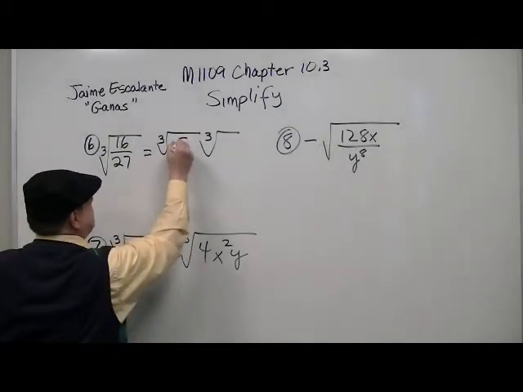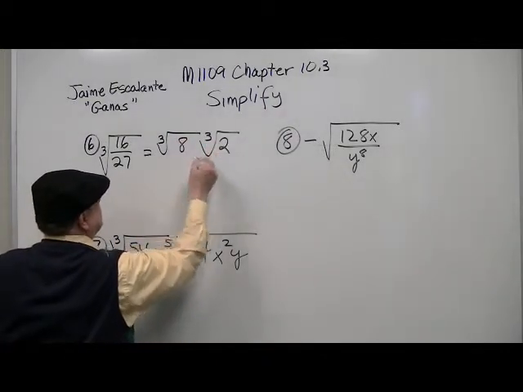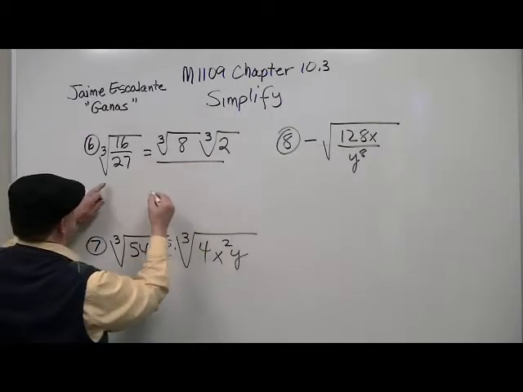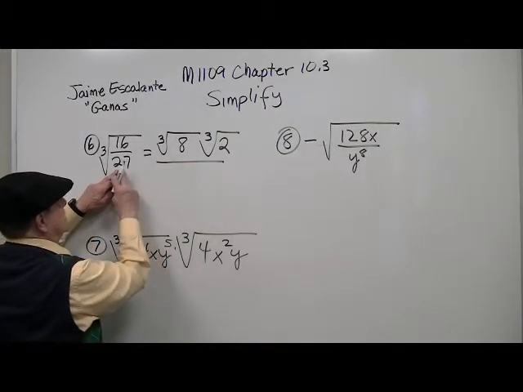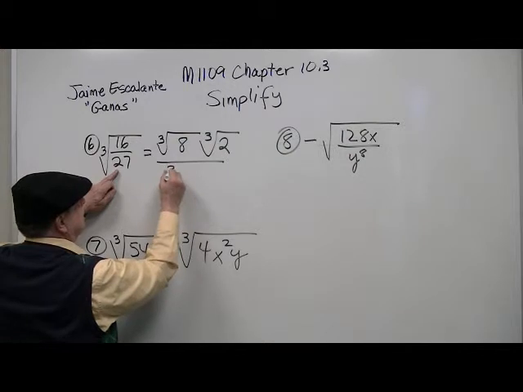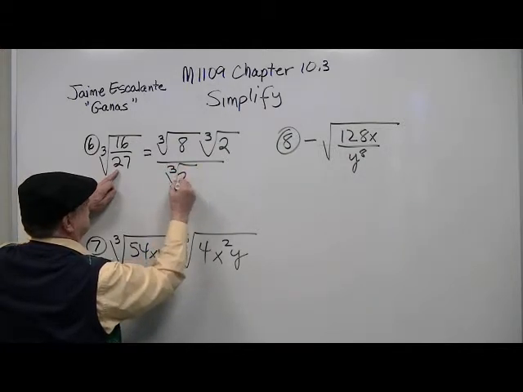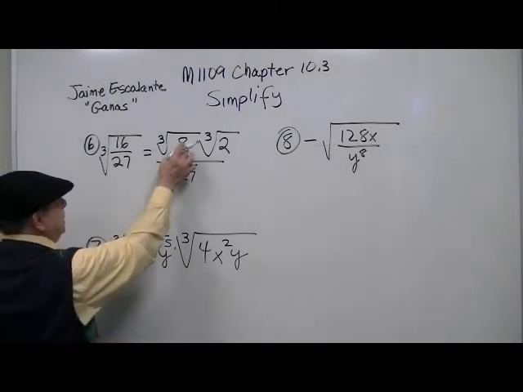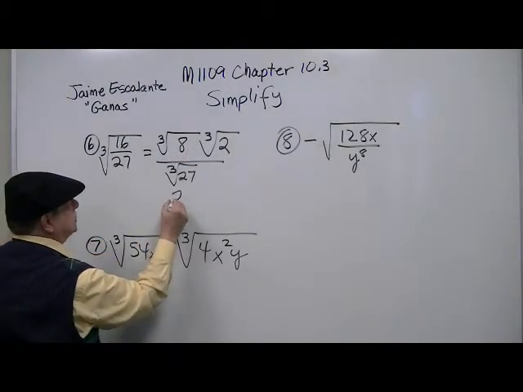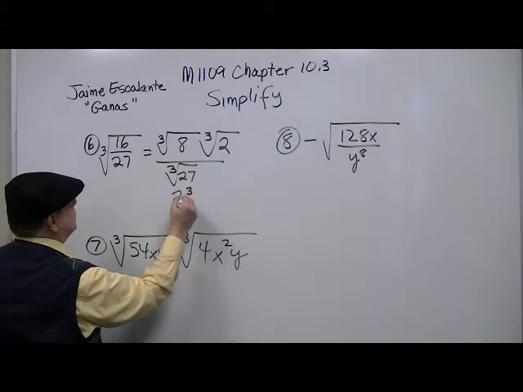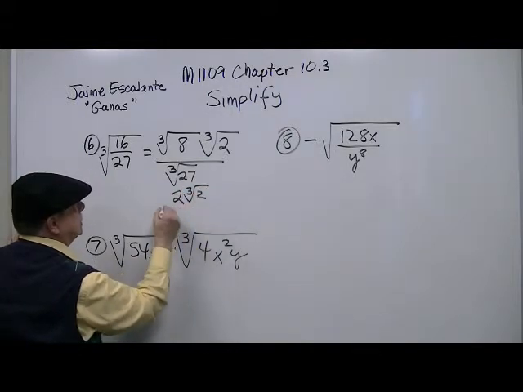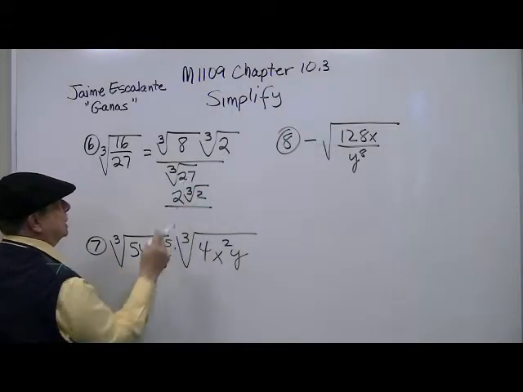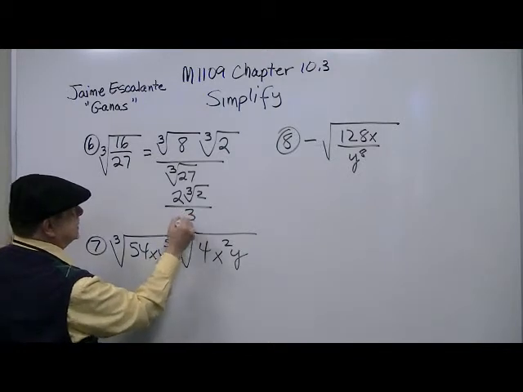Yep, 8. And then on the bottom, this happens to be a perfect cube. So then the cube root of 8 is 2. The cube root of 2 over the cube root of 27 is 3.